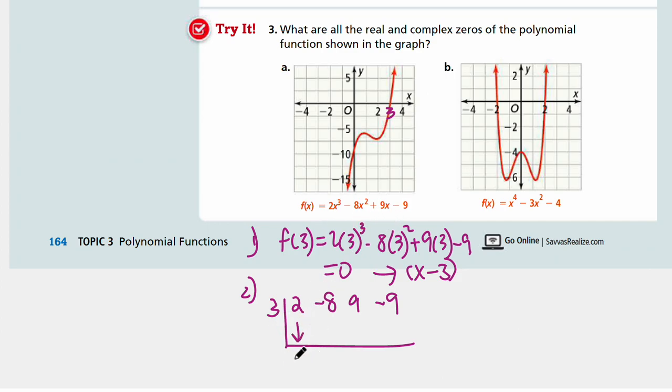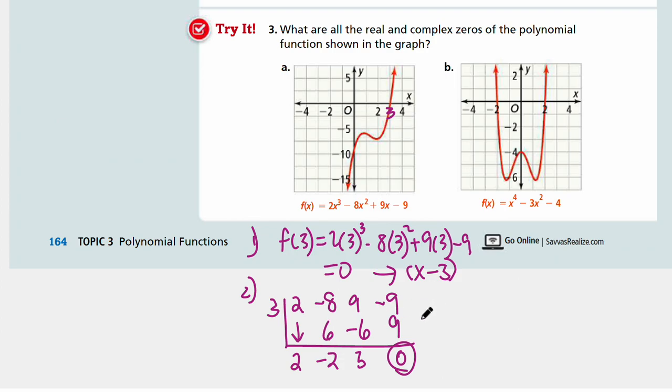Okay, and then you put down the 2, multiply 3 times 2 and add them, -2, multiply, add, multiply, add, and a nice little 0 as a remainder.